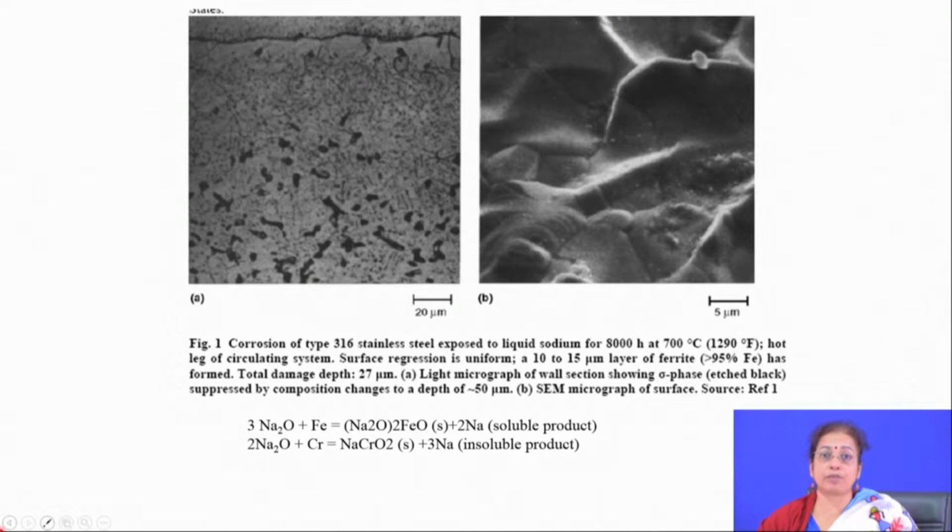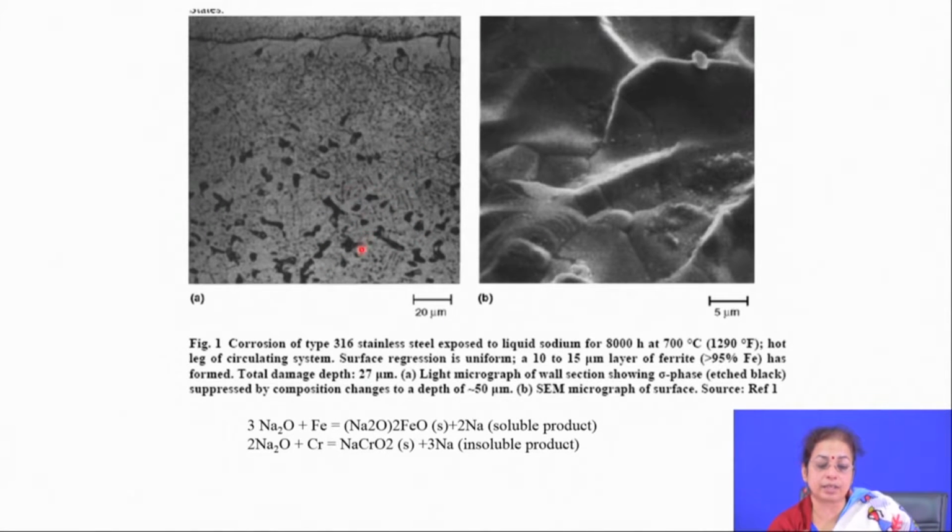If you see the surface of the embrittled component, you will find that the surface is full of roughness, because there is a lot of material removal, a lot of dissolution. If you see the left side, you will find a lot of micro cracks, and the grain boundaries are enriched with the liquid metal.